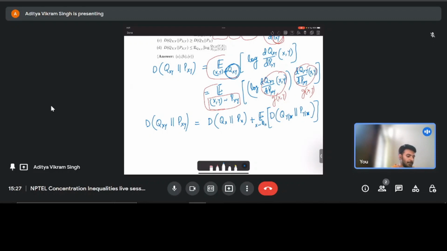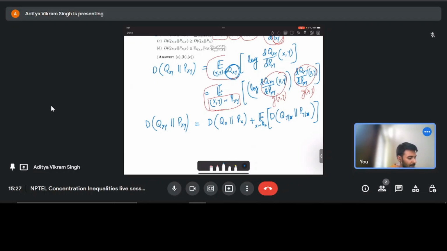You could have also written it as D(q(y) || p(y)) plus D(q(x|y) || p(x|y)). So basically you could have interchanged the roles of x and y. And we also saw in the lecture, and that came from the concavity of the log function and then using Jensen's inequality, that KL divergence is always a non-negative quantity if you're taking it between distributions.